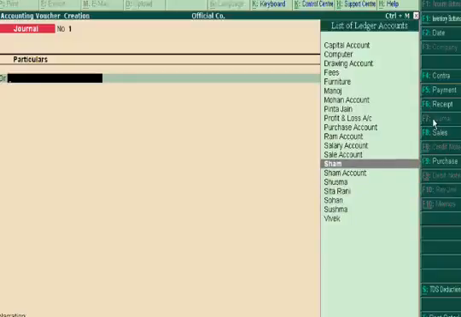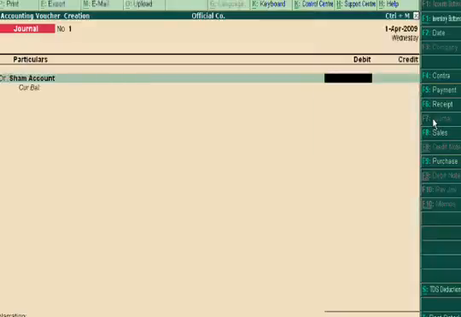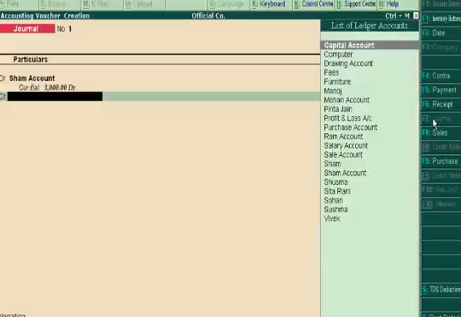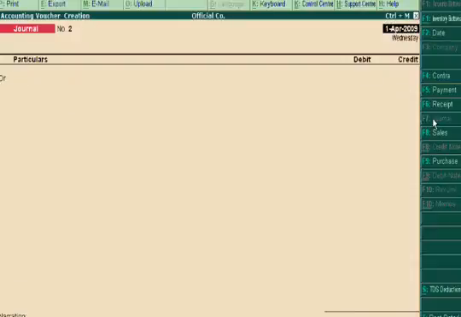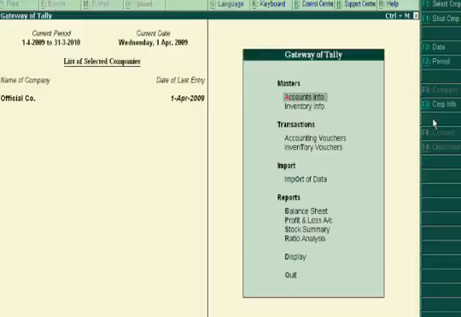Suppose we will sell furniture to Sham, so Sham account will be debit of rupees 3000, and now we will write a furniture account 3000, accept it. Now check our balance sheet in gateway of Tally.